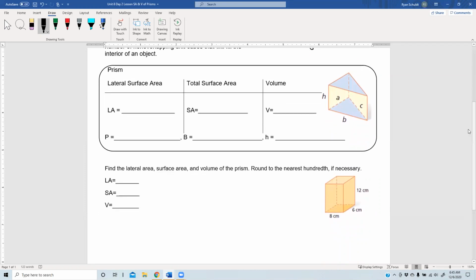So for a prism, we find the lateral surface area using the formula PH, where P is the perimeter of the base, and H is the height of the prism.